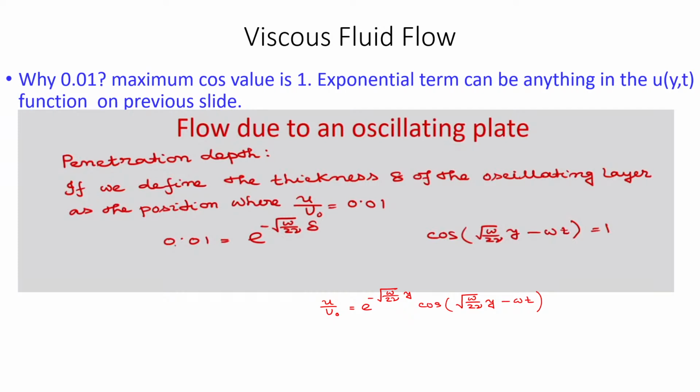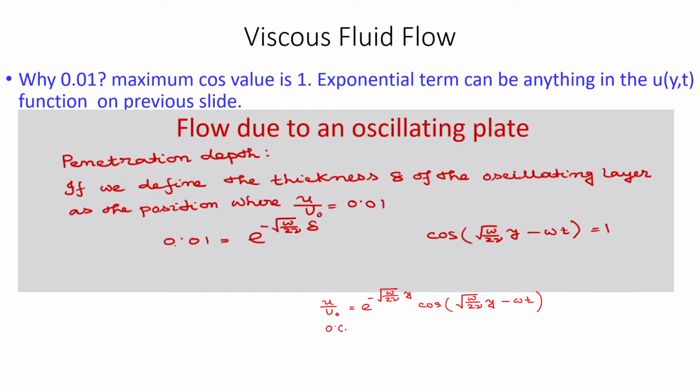It should be very small, but in practice, to identify that very small value is very difficult. So we say that if u becomes 1% of u naught, then that is the penetration depth. In a similar way, if you remember, we defined the boundary layer thickness, so u by u naught, that's why we are taking just 0.01.